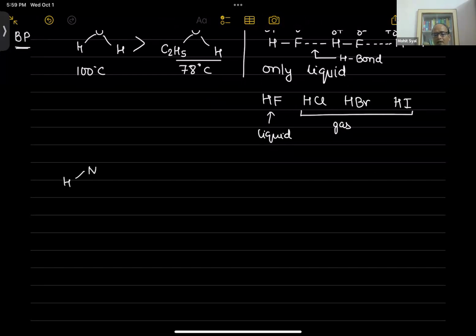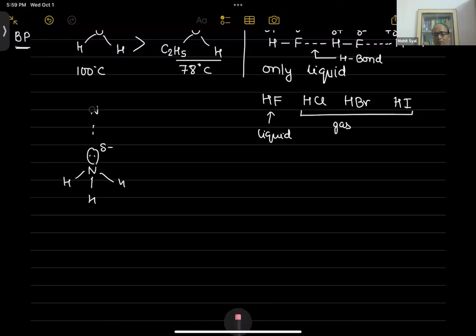So H should be directly connected to the nitrogen. How will you represent it? This is partially negative. The lone pair is negative. Just put the H of another molecule in front of it. Is it clear? Yes.